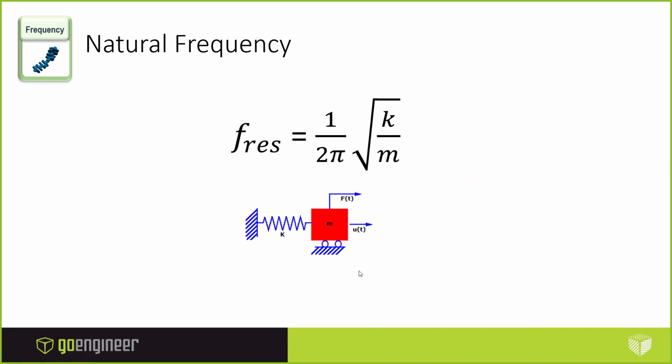Many simple systems might be approximated by this type of equation. Here I just have a spring mass system, the simplest dynamic system in the world, so to speak. We have here the stiffness of the spring, K, and then also the mass as the key variables.